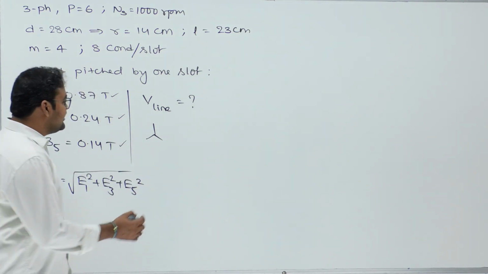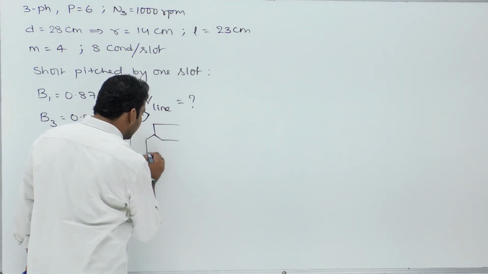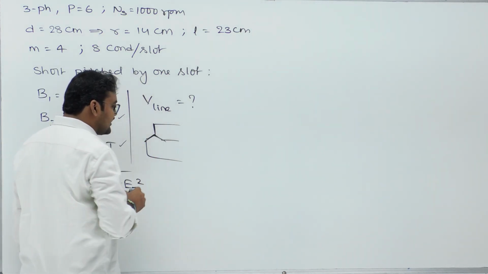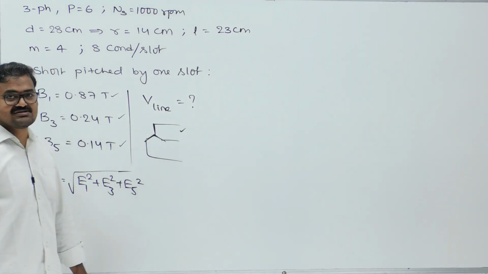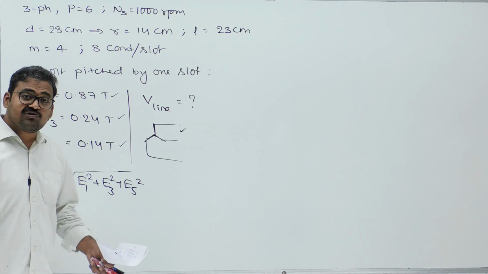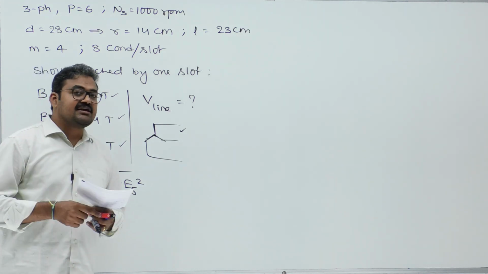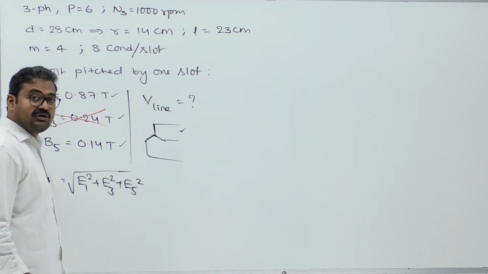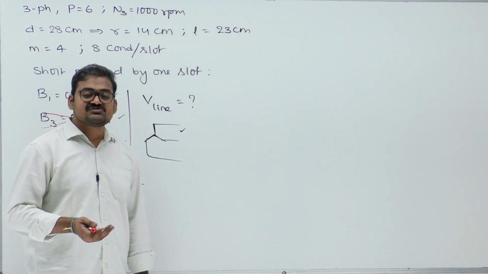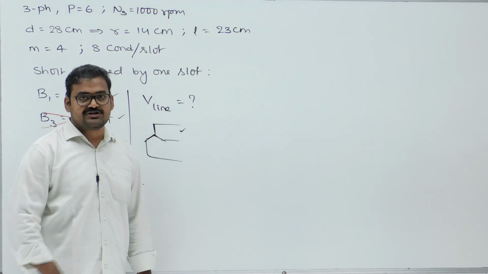But the final answer we need is line voltage. Do you remember that in any star connected circuit, the line voltage does not have third harmonic voltages? Yes or not? Therefore, there is no need to calculate third harmonic EMF. I can neglect the third harmonic component because we are asked to calculate line voltage.